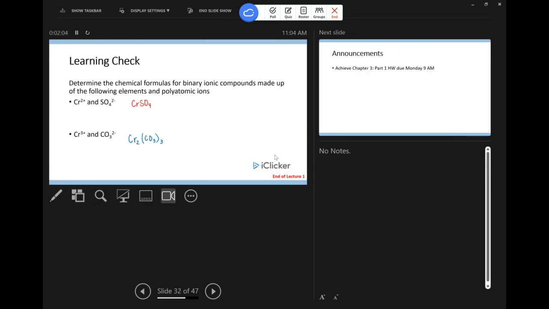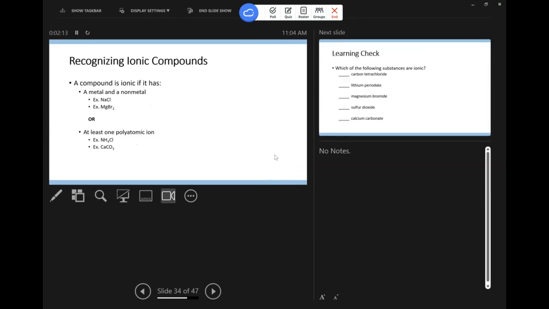This was where we ended, so we were just writing the formula for the compounds for a metal and a polyatomic ion. Something is considered an ionic compound if it has a metal and a nonmetal. We've talked about that before. So sodium chloride, magnesium bromide, there's a metal and a nonmetal. Those two are bonded together through ionic bonds, so it's an ionic compound.